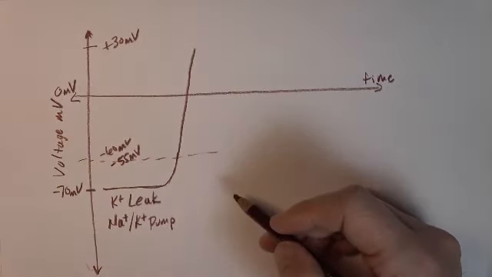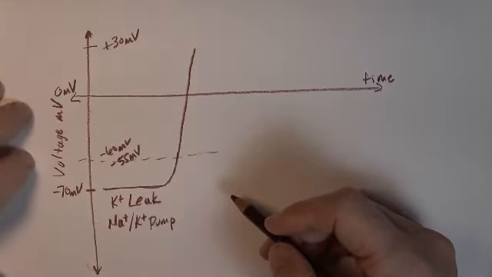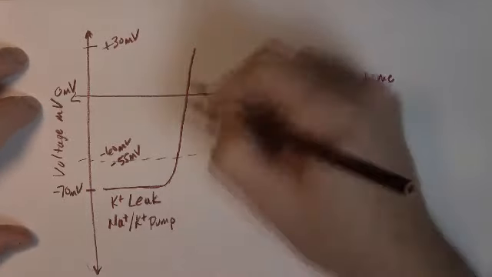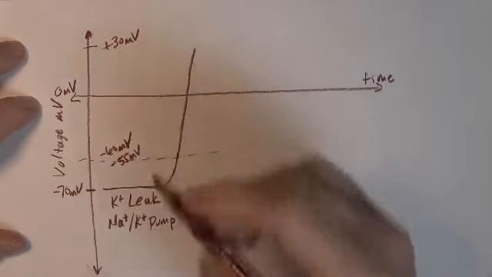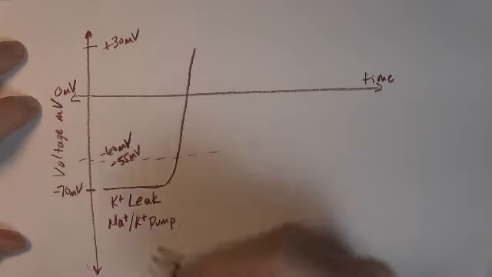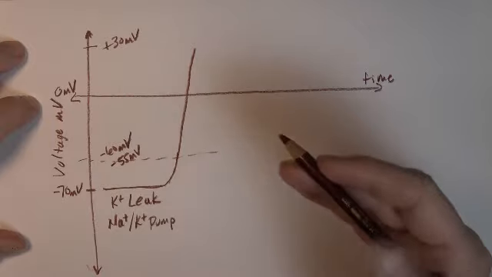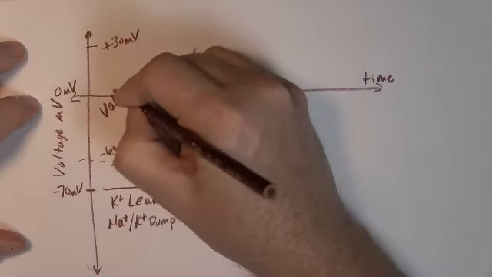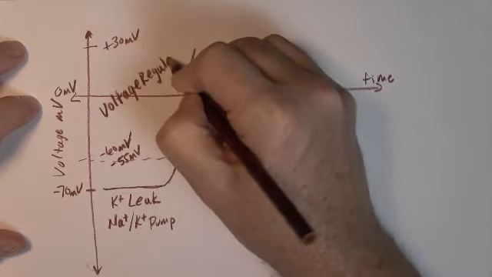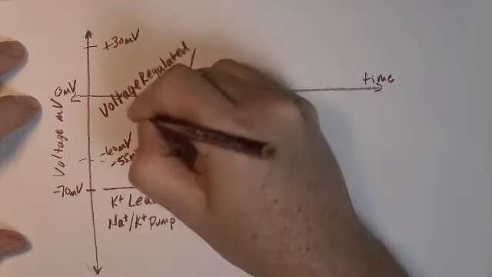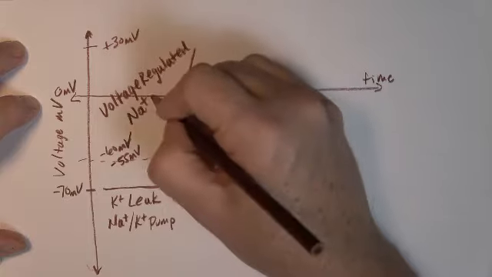It causes a +30 millivolts difference. We have so many ions that rush in. Well, what happened here? At the threshold, the voltage regulated sodium channel opens.